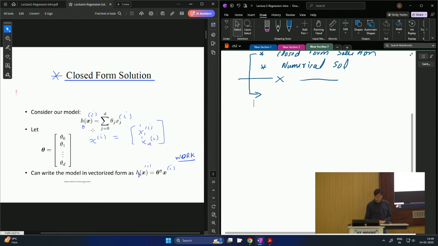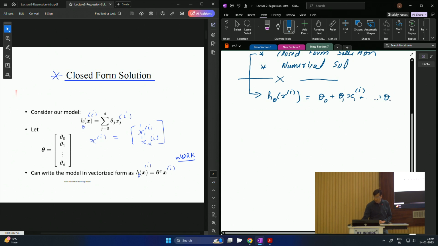So what is h theta? Here h theta of x^i at the ith point is theta naught plus theta 1 x1^i plus, all the way till theta, what's the final theta? Theta d. Okay, I'm just checking you're not sleeping. Theta d x_d^i, the d-th dimension.